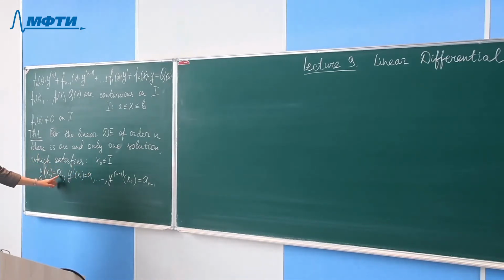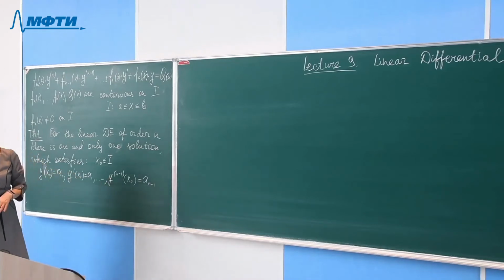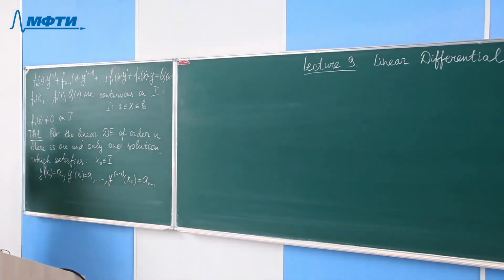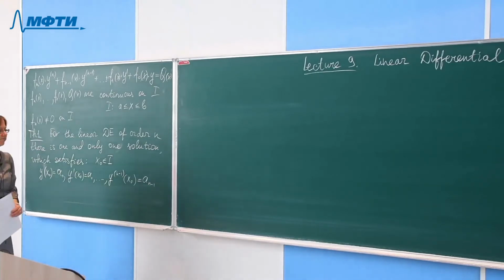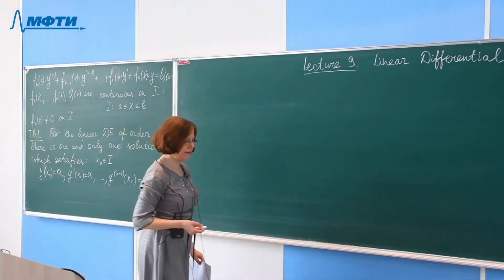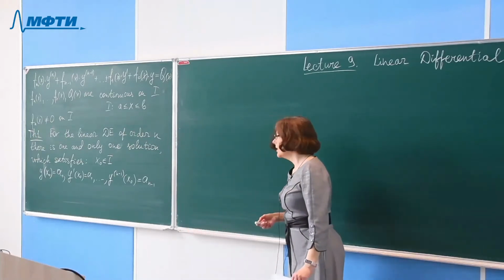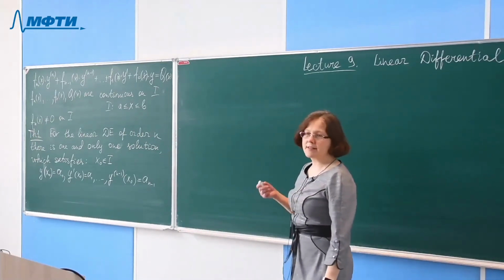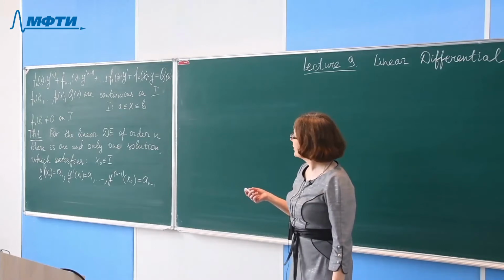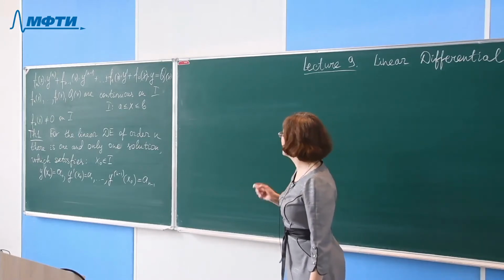So we fix the constants, and under these conditions there exists a solution of this linear differential equation, and this solution is unique. Okay, so this is theorem number 1. It is the theorem on existence and uniqueness of a solution to the differential equation.